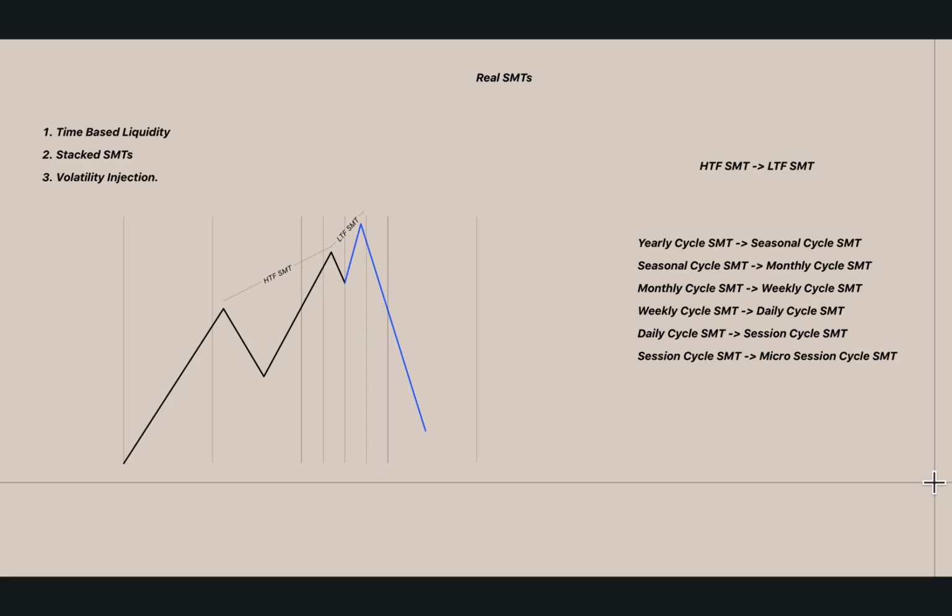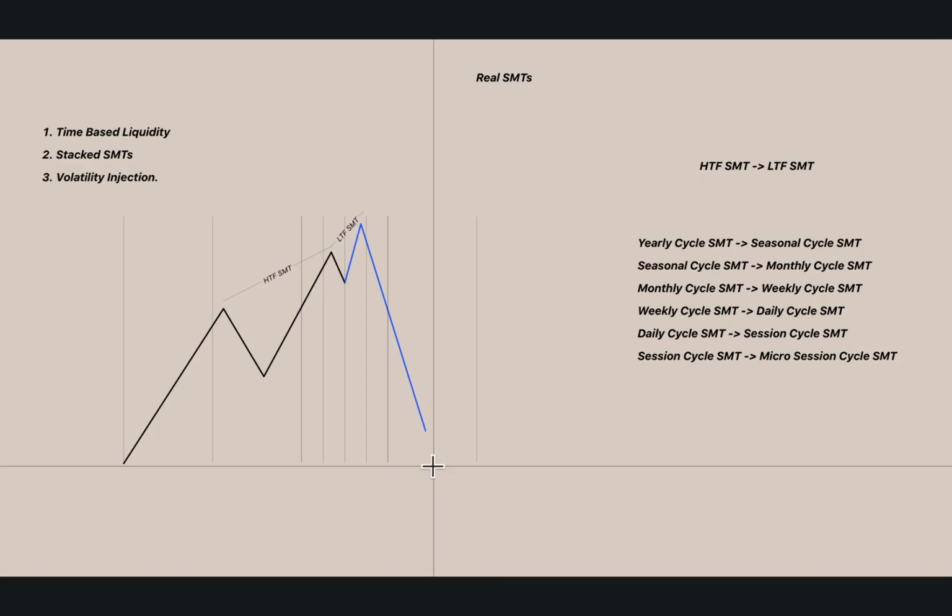Number 3 is somewhat optional. In my opinion, I think that as long as you have a higher time frame SMT to lower time frame SMT, in my experience, that's already extremely high probability. However, if you have a volatility injection creating one of these SMTs, that'll make it even higher probability. And once again, your volatility injection is just any red folder news event or equities open in terms of index futures.